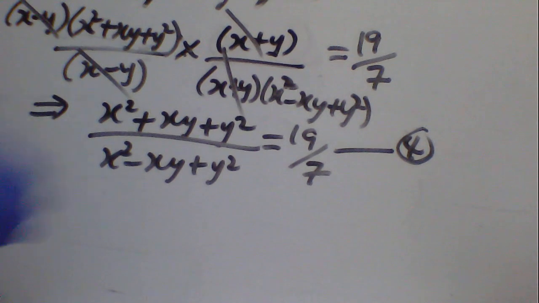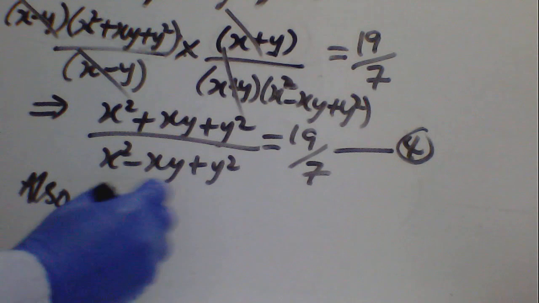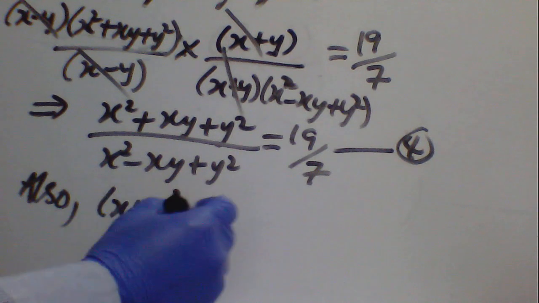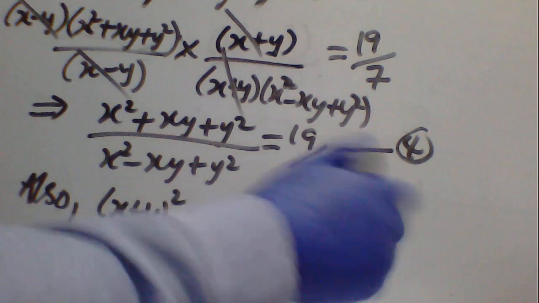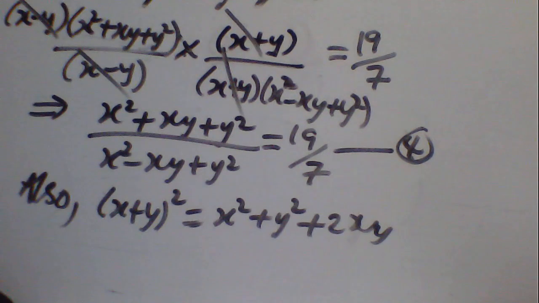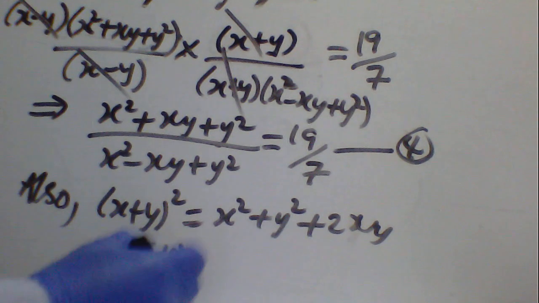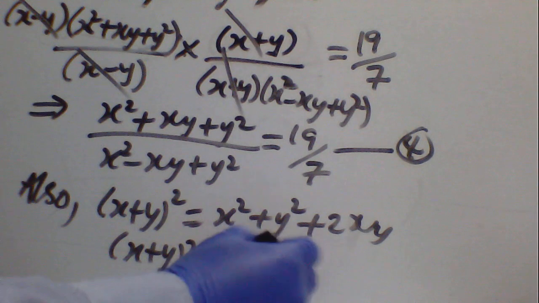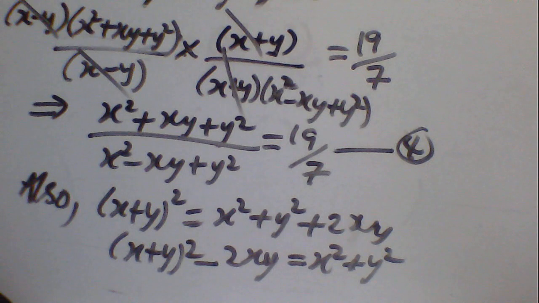You also have to know from algebraic expansion that (s + y)^2 is equal to s^2 + y^2 + 2sy. This means that if 2sy comes to this side, we have (s + y)^2 - 2sy = s^2 + y^2. Once you have done that, rearrange equation 4 and substitute this in the equation.